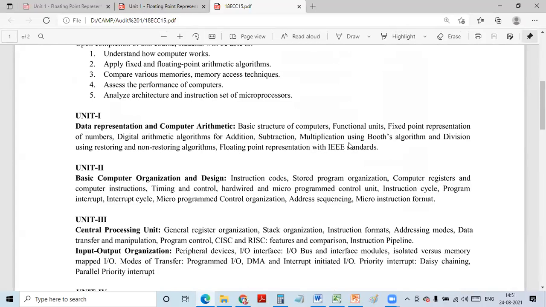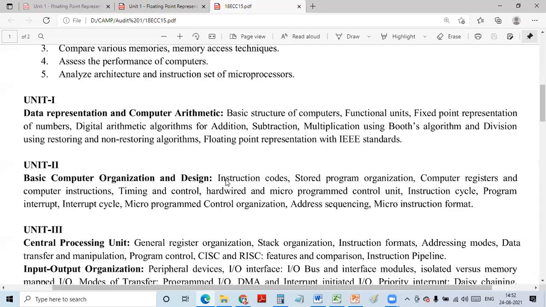The slip test of 20 multiple choice questions, 20 minutes. Okay, learning portal, you need to log in and attempt the slip test. See, if you have any doubts in first unit, you can ask me so that we can revise.